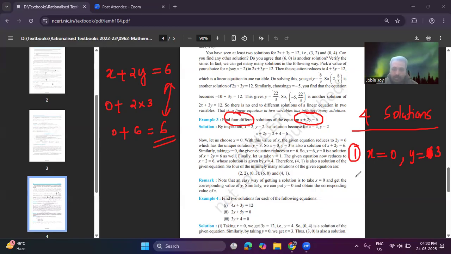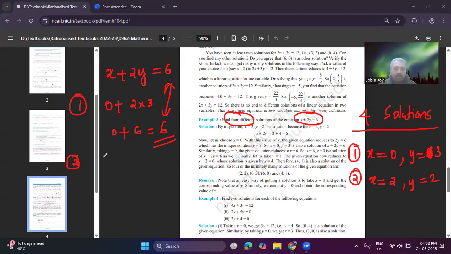We need four solutions, right? The second one: x equal to 2 and y equal to 2. Try this.